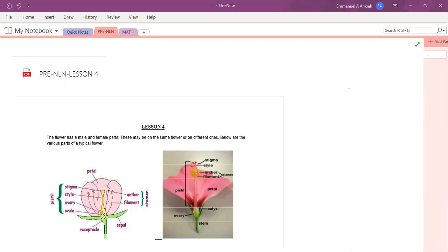Okay, all right. So today we're going to do the first half science and then the second half math. We're going to do a lot of math today. So let's start with the first topic. The first topic that I want to look at is the flower.